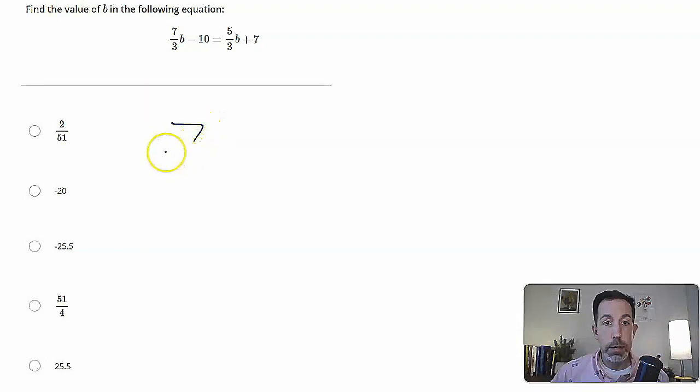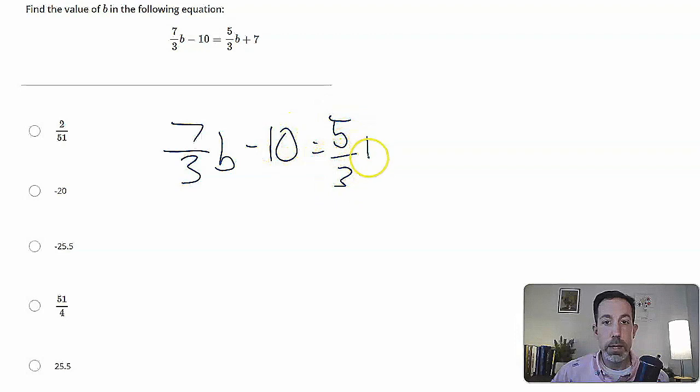So 7 over 3b minus 10 equals 5 over 3b plus 7. So a good tip is make sure you pay attention to those signs. You don't want to transpose the signs by accident, put a plus sign where a minus sign should go, or vice versa, because that'll totally screw up your answer.